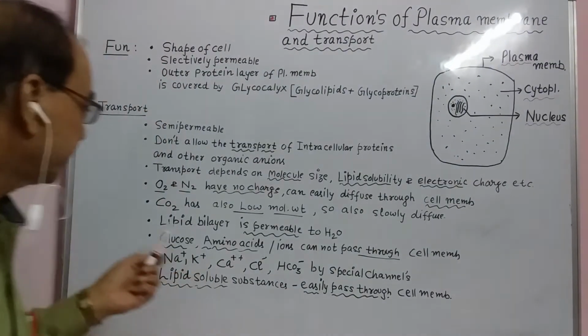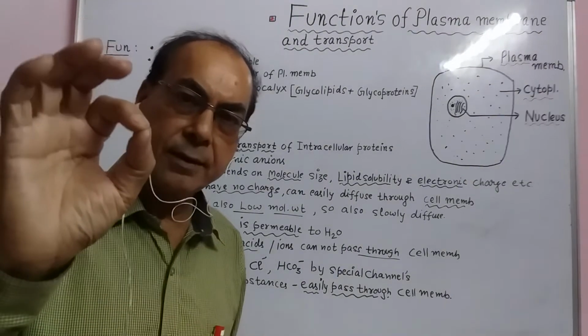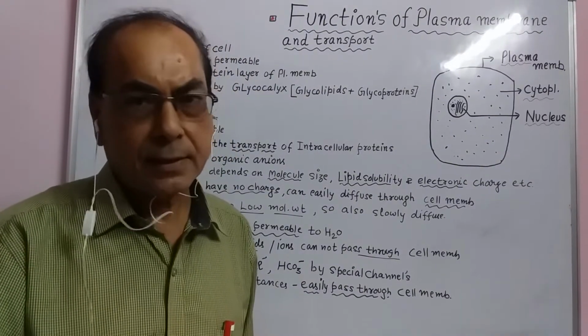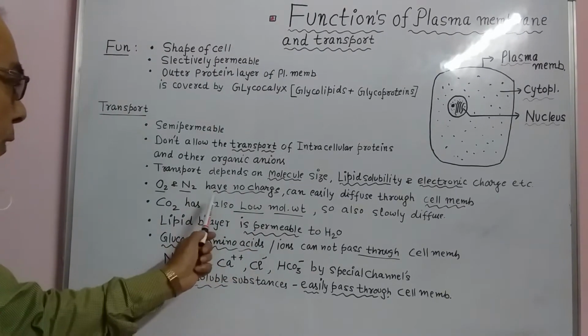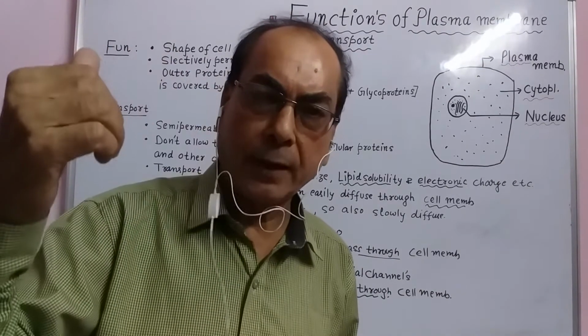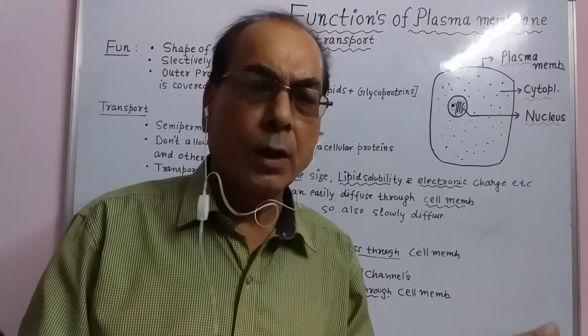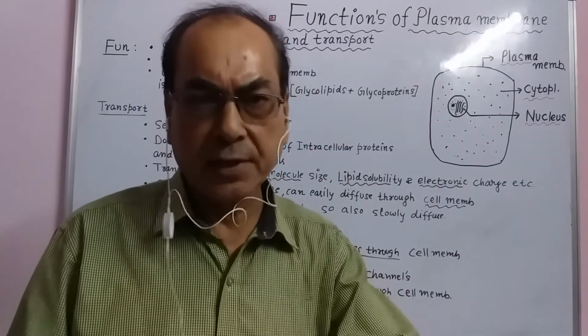The next point, oxygen and nitrogen don't contain any charge, so they can easily diffuse through the plasma membrane. That means they are neither negatively charged nor positively charged, so easy diffusion is possible.